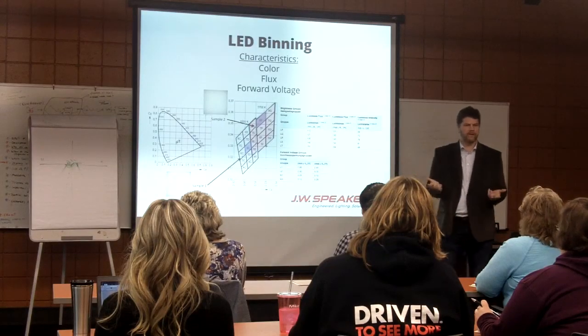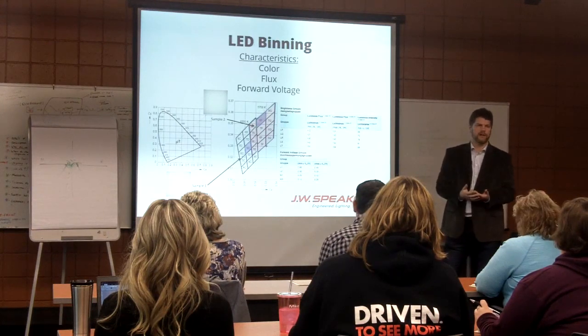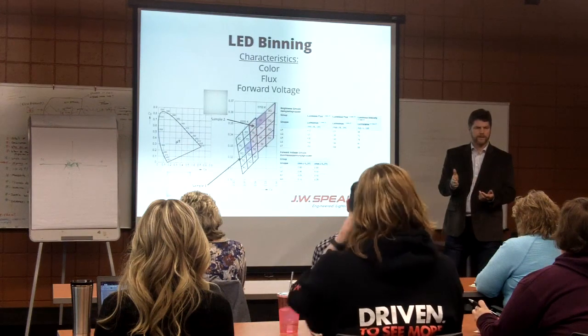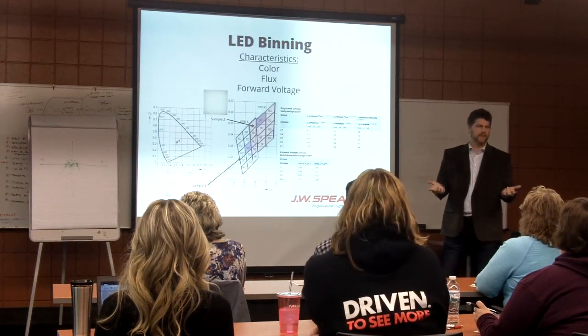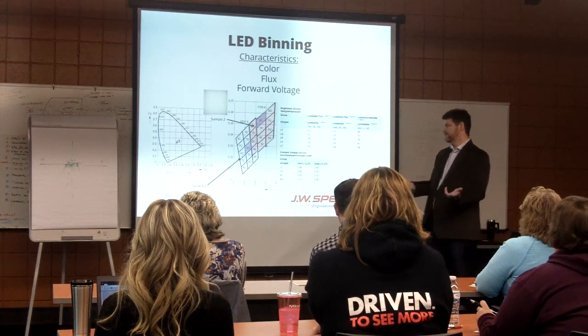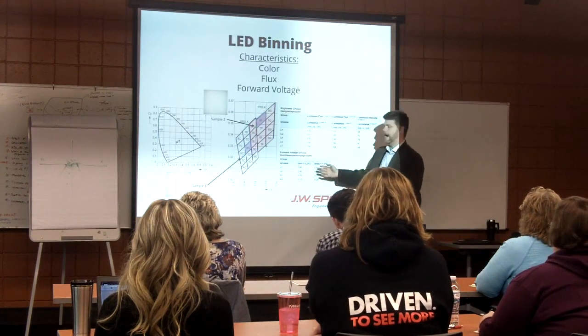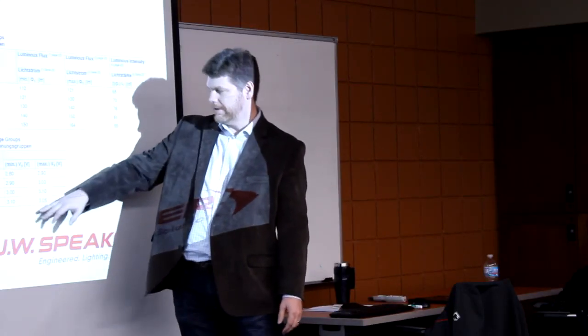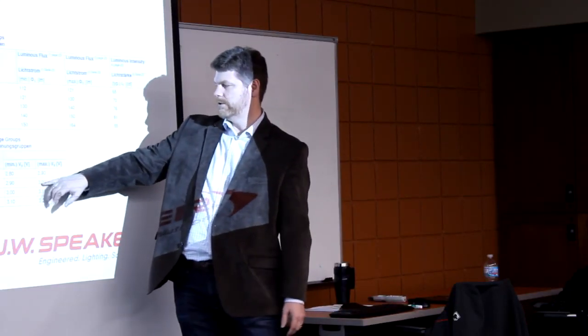Brian and I, when we do an optical design, have to take all those things into consideration and try to determine, are we going to be legal at all these different points? And is it going to be acceptable to the customer at all these different points, both from a color and a flux standpoint? There's also variation within the forward voltage drop across the LED when we drive it. So, for instance, these are all the forward voltage groups for this LED.